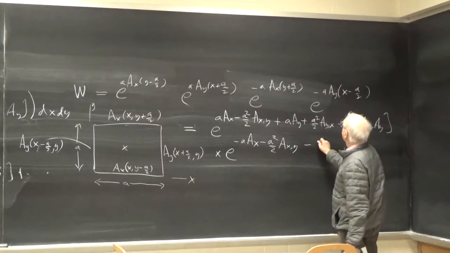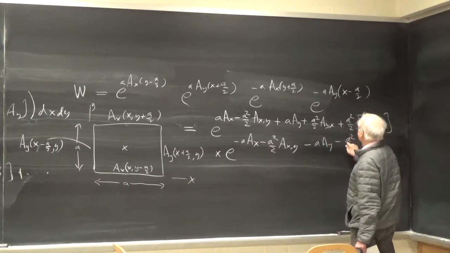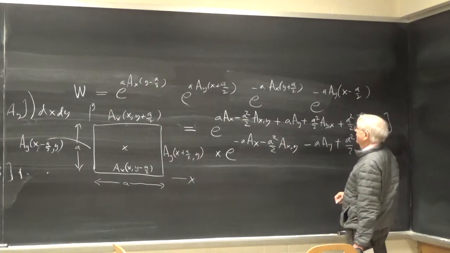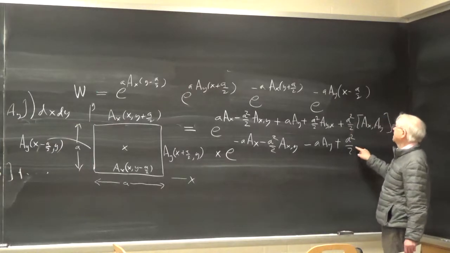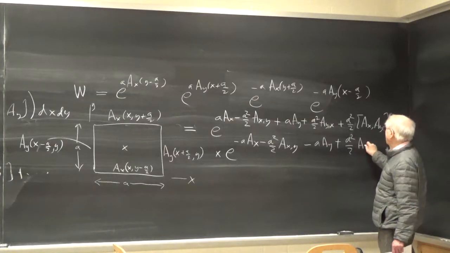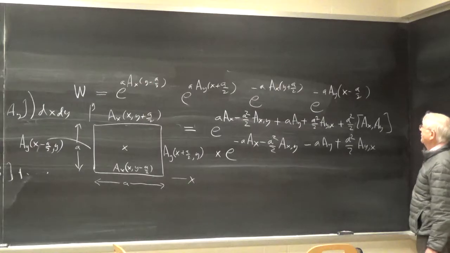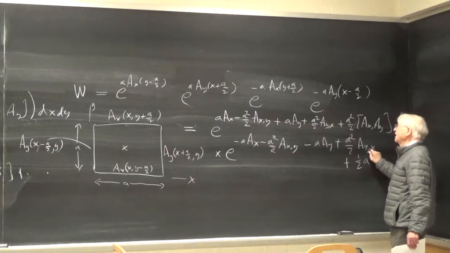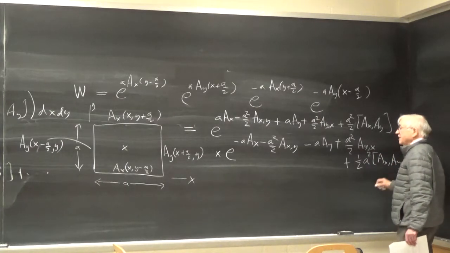And this one is minus a A_y, minus a squared, well, plus a squared actually, plus a squared over 2 A_y comma A_x. And then plus a half a squared A_x with A_y.